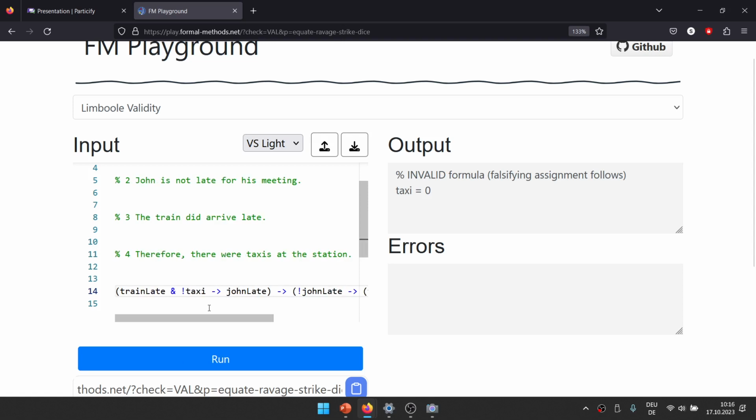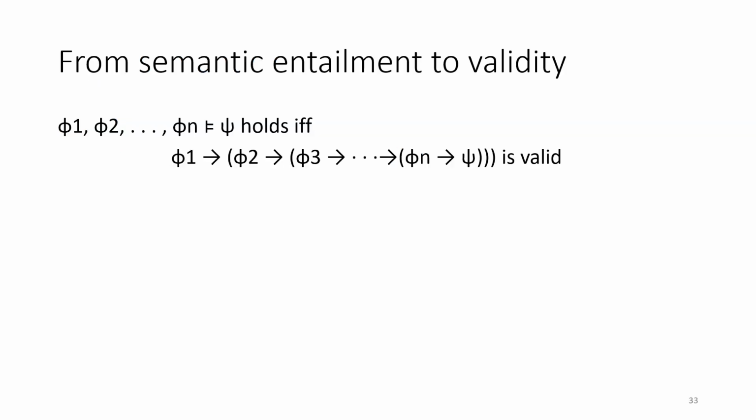And what do we need to check on this? It's said here on the slides that if we want to show semantic entailment, we have to check for validity. What does it mean intuitively that we have to check for validity? It means that no matter in which way these formulas on the left were satisfied, the formula on the right then also must be true.